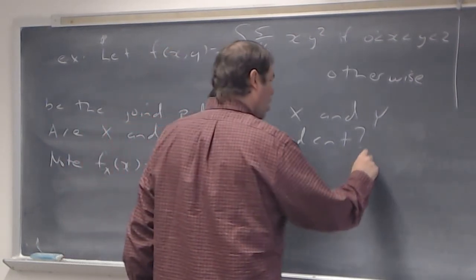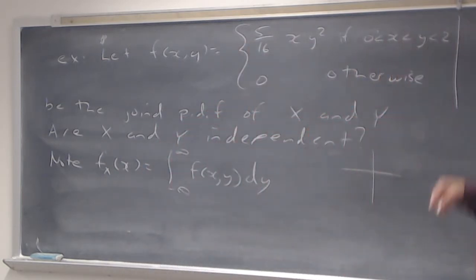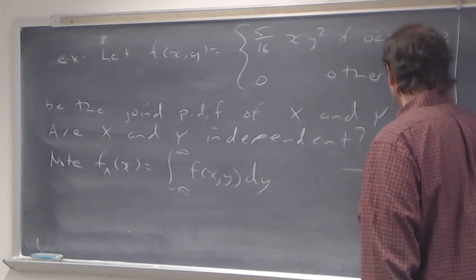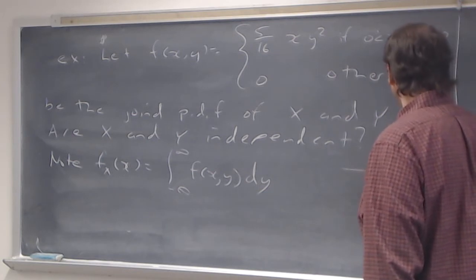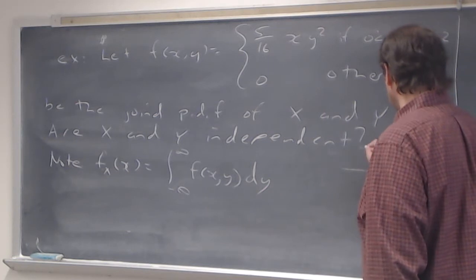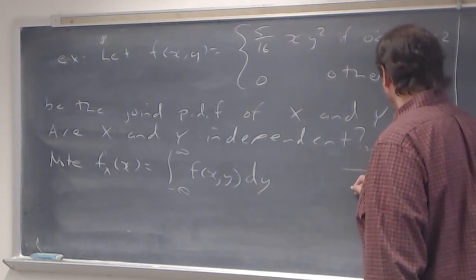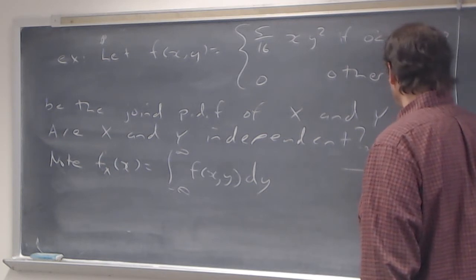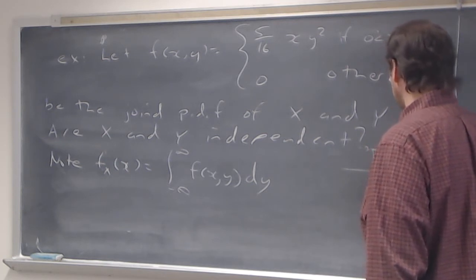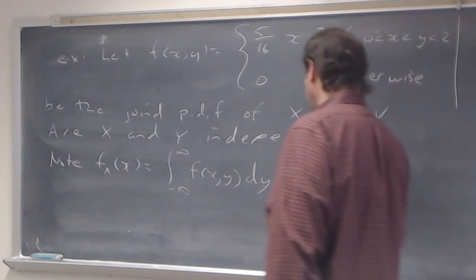Now look, as I draw where f of x comma y is non-zero, the x values and the y values can each run from 0 to 2. But then we're only taking the region where x is less than y, and that happens here. Y is bigger than x in this triangular part of this square. So here's where we're integrating over.